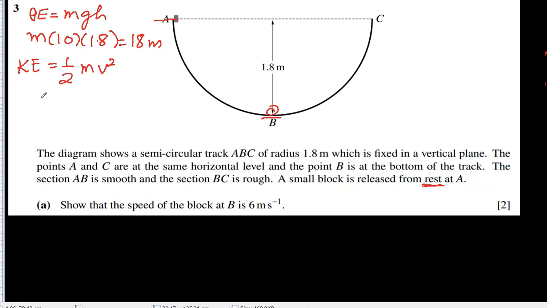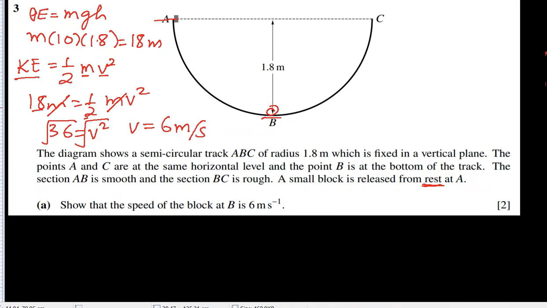Mass is unknown and velocity we have to find, but that kinetic energy came 100% from potential energy because there is no friction in between. So we can write 18m equal to half mv square. m and m cancel. 2 multiplied with 18, 36 equal to v square, square root both sides. v comes out to be 6 meters per second. That's what we need to show.